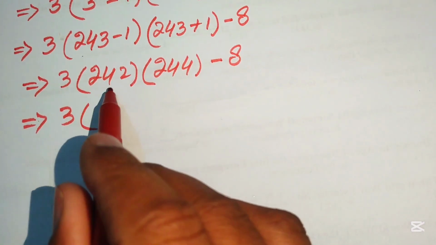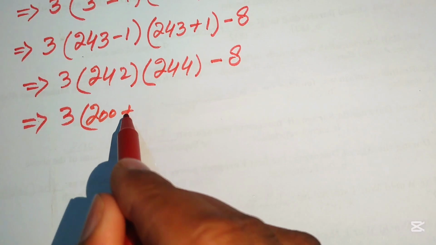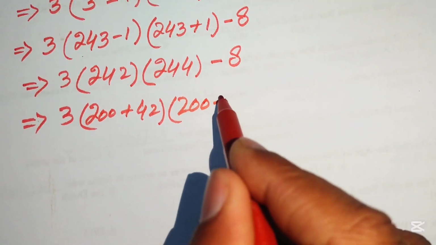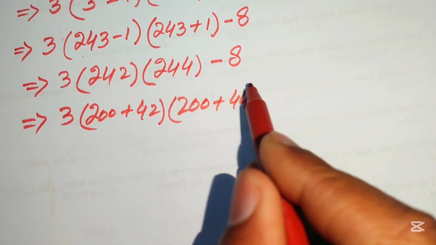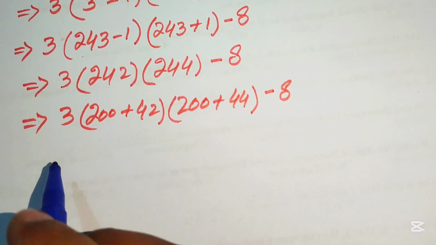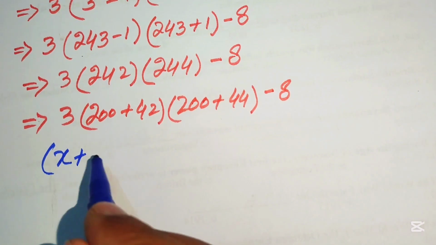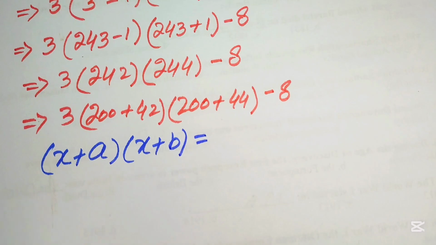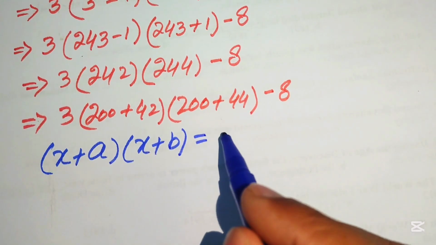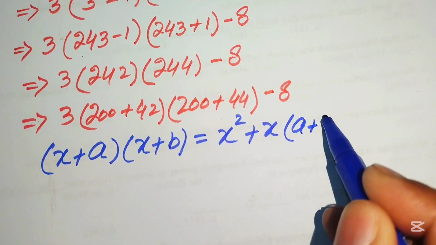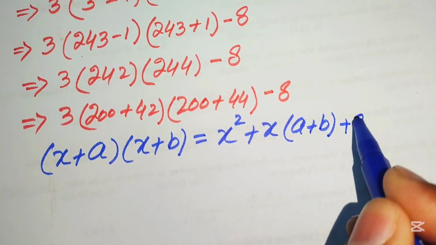Okay, so here you see that we write this as 200 plus 42, and we write this 244 as 200 plus 44 minus 8. Okay, so here we have another nice algebraic formula. You know about this formula. If you have the product of two factors, like x plus a into x plus b, the product of this type of factors is equals to x square plus x times of a plus b and plus ab.